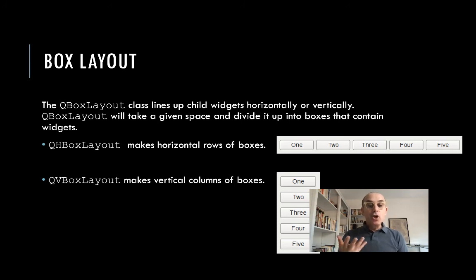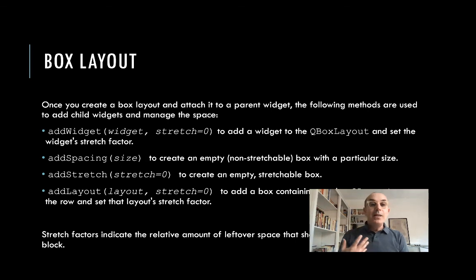So the QHBoxLayout makes a horizontal row of boxes, and QVBoxLayout makes vertical columns of boxes. The box layout also creates a box that attaches to a parent widget, and allows the following methods that I use to add child widgets and manage the space.